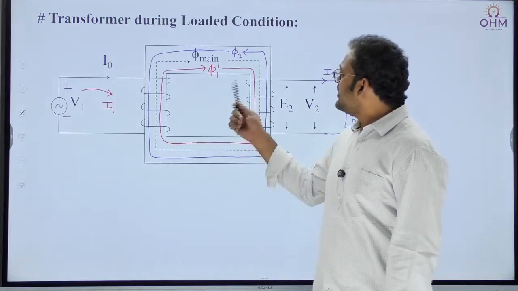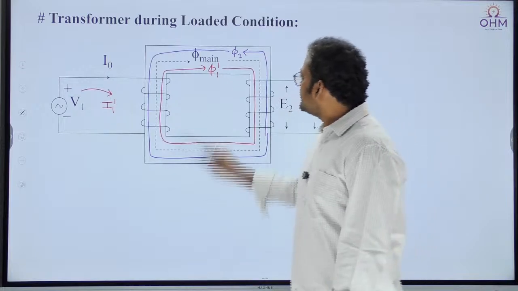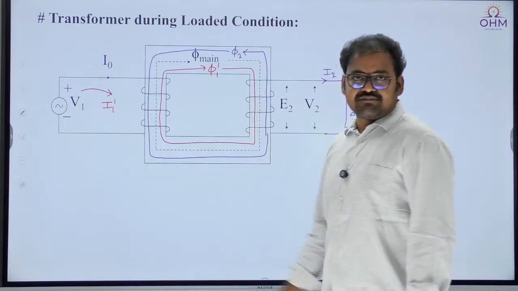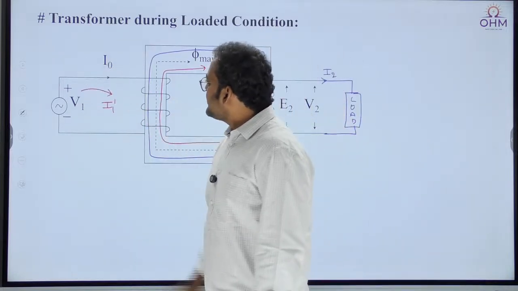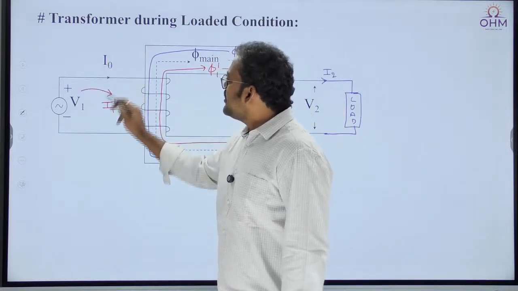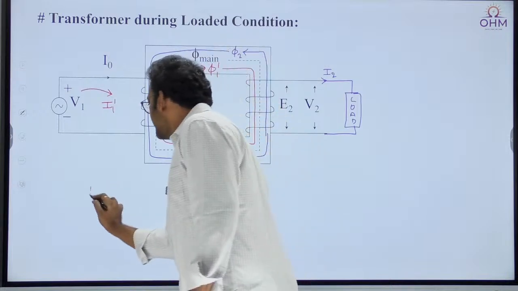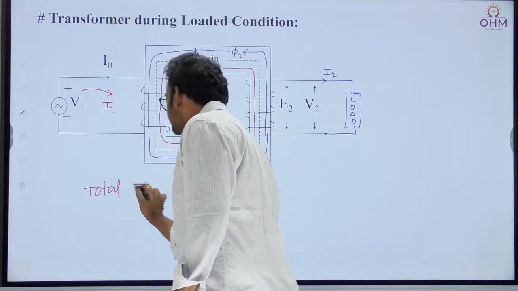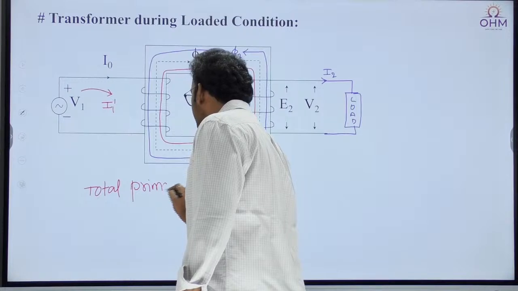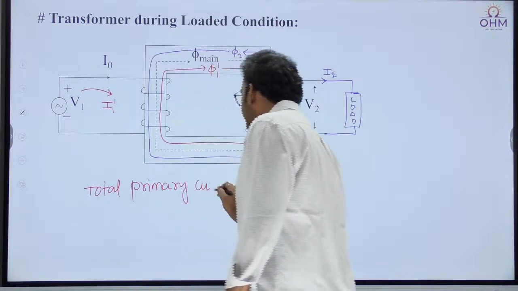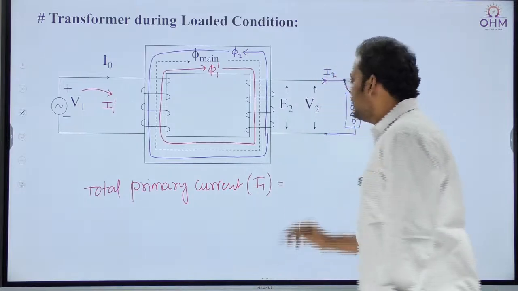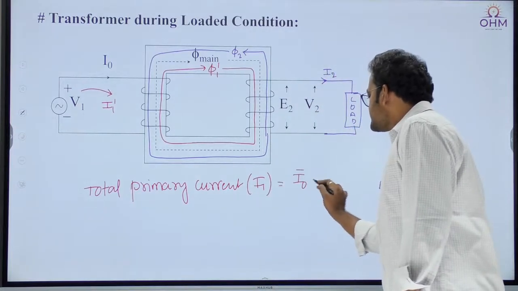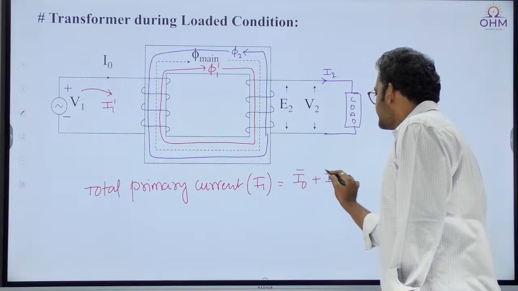Okay. So what happens under loaded condition? These two fluxes will cancel. Now finally you tell me how many currents are available in the primary. Two currents are available, I0 and I1 dash. Therefore the total primary current I1 is equal to I0 plus I1 dash.